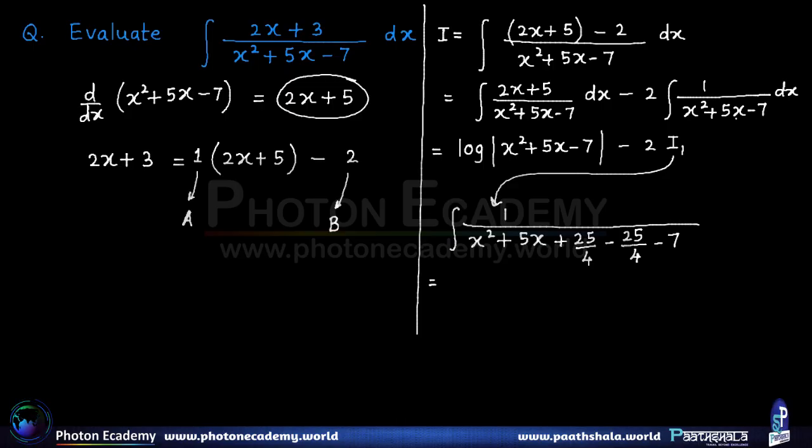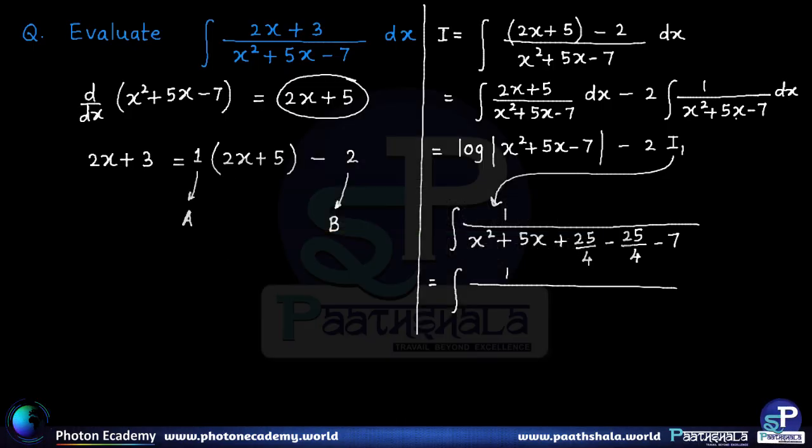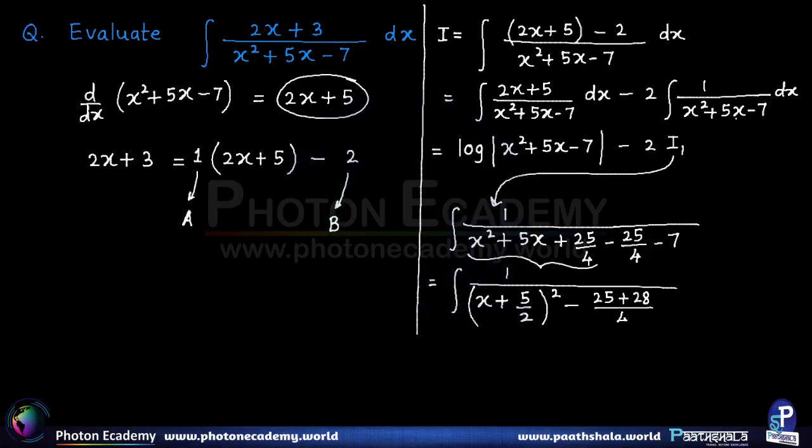So therefore this gives us 1 upon the complete square, which is the square of x plus 5 by 2, the whole square, minus, here we get 25 plus 28 whole by 4 inside the bracket.